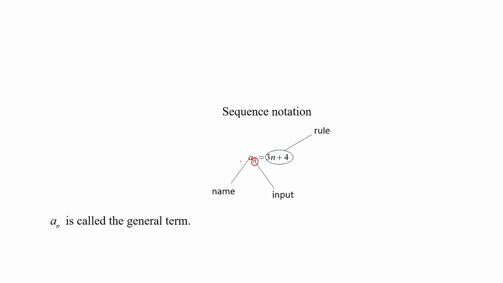There's really no reason why you couldn't write F, but typically we use F, G, and H for functions, and A, B, and C for sequences. And our input variable, instead of being an X, it's an N. So A sub n is 3n plus 4. The 3n plus 4 is just the rule. A sub n is called the general term, and 3n plus 4 is the rule or the formula.